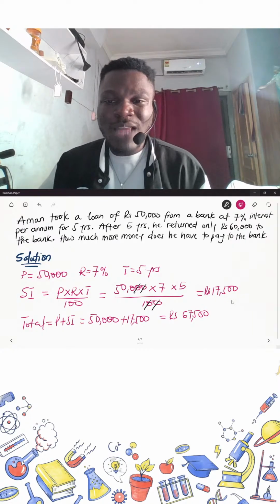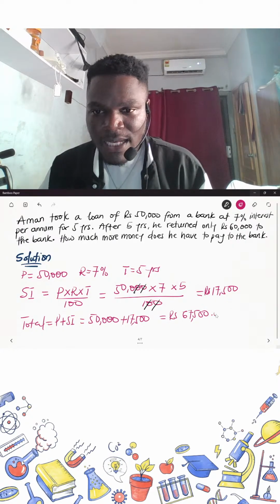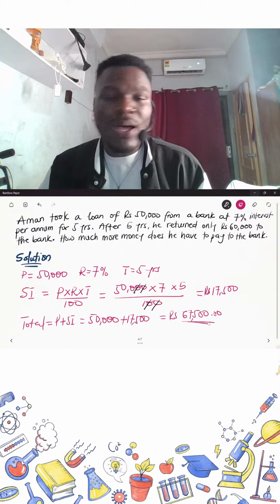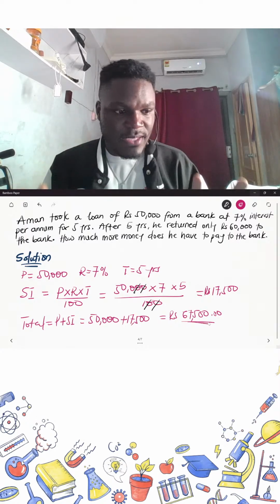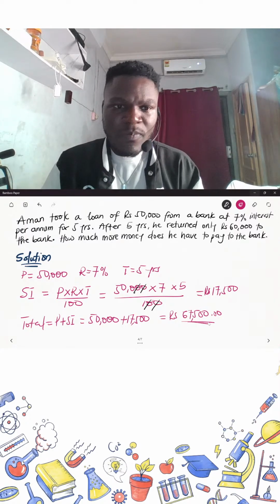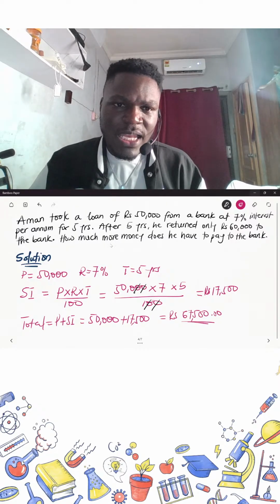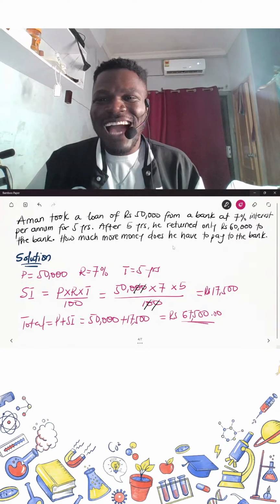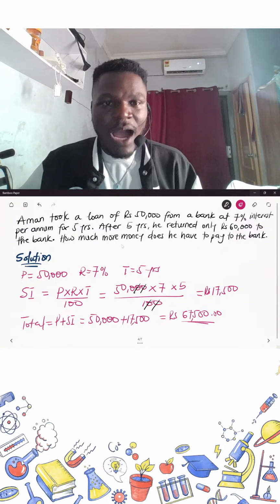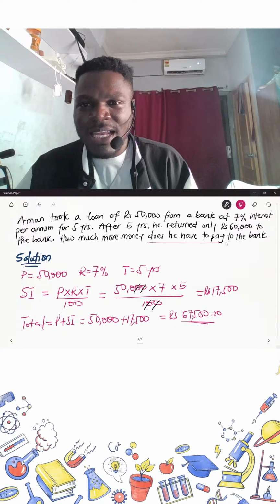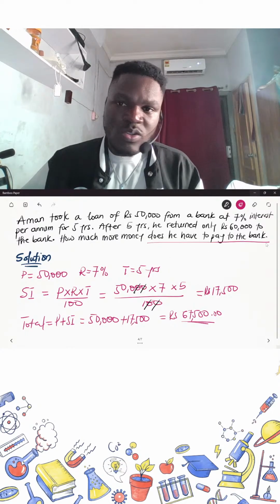So this is the total amount of money that he was supposed to pay to the bank after the 5 years that they have given him the money. Now, remember the question is asking how much more money does he have to pay the bank? So it means that the amount of money he paid to the bank was not enough.